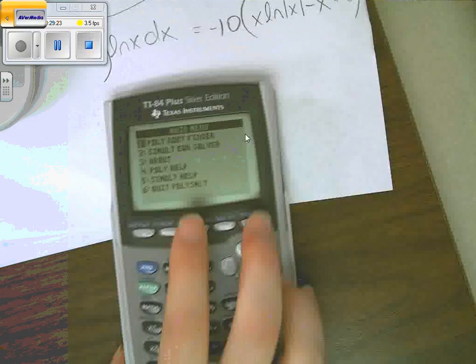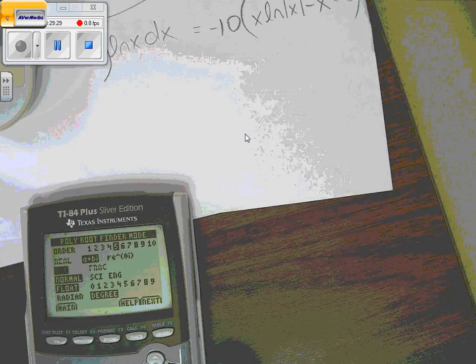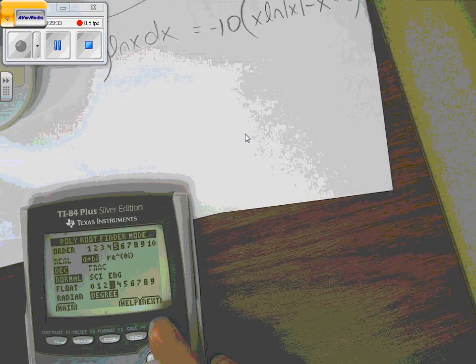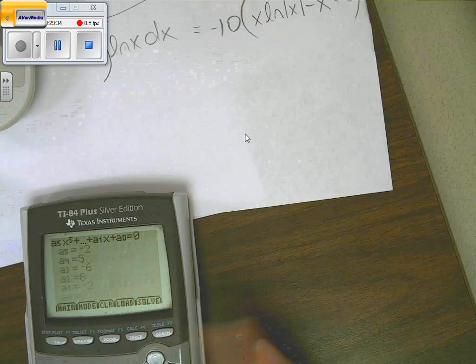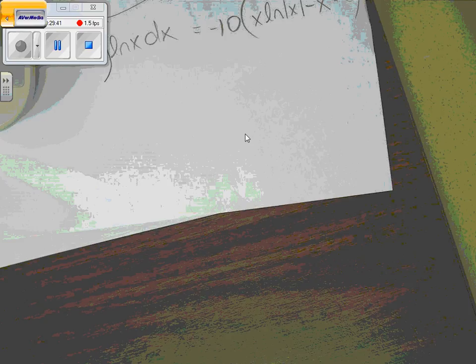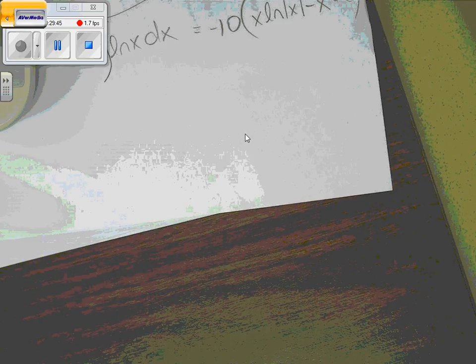I'm going to go back to main. And I'm going to change mine to real. Yeah, float 3 would be great. Or you could just change it to real. That would work. Real would probably be the best, because for calculus, do I care about imaginary?